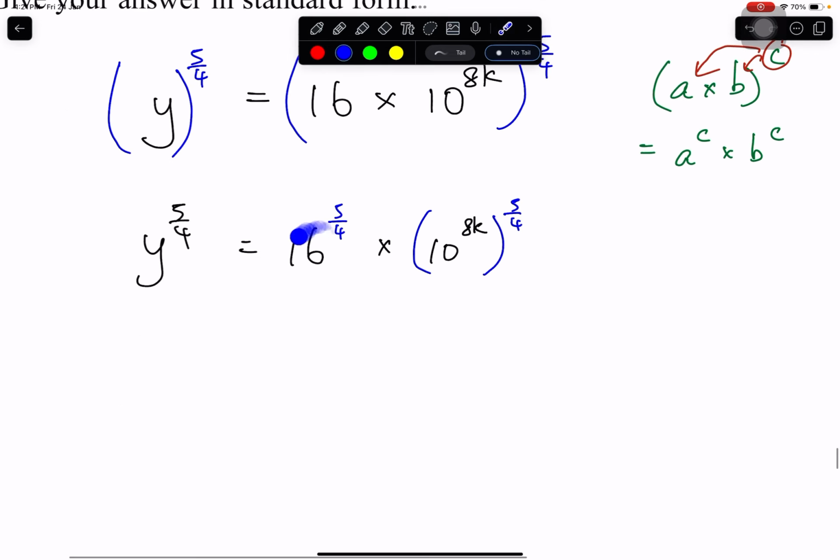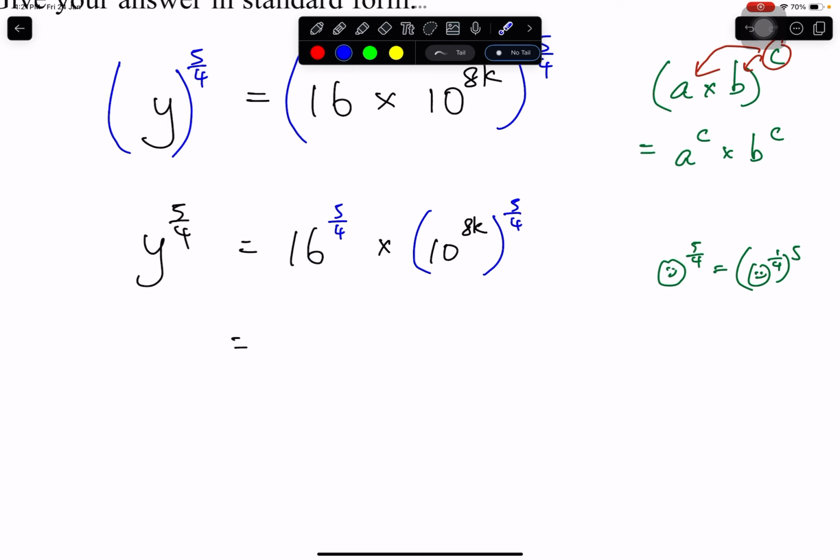So let's figure out this one first. 16 to the power of 5 over 4, which is, again, anything to the power of a fraction, 5 over 4, you can separate it: do the power of 1 over 4 first, then take the fifth power later. So now this is 16. 16 is the product of a bunch of 2's, right?